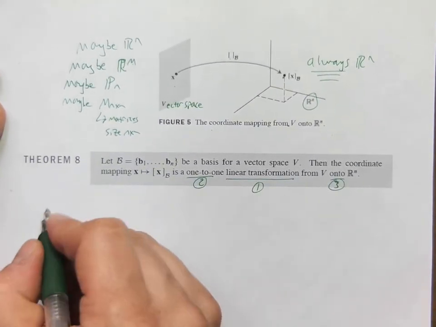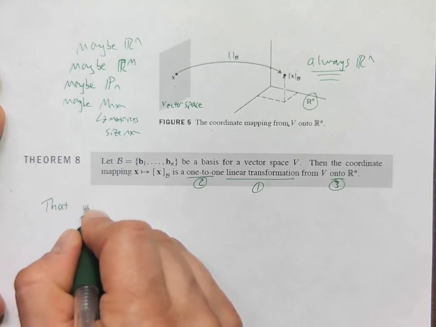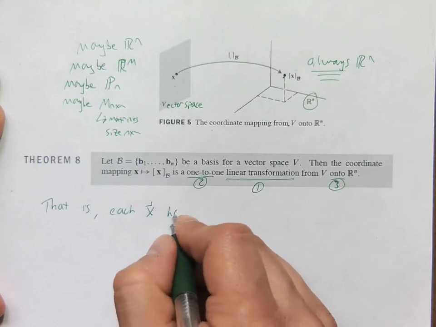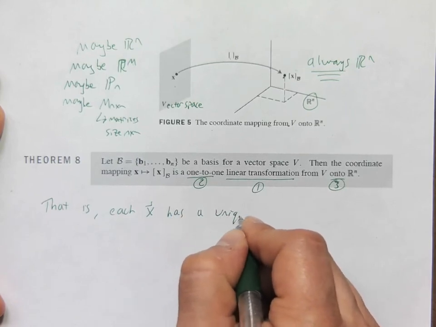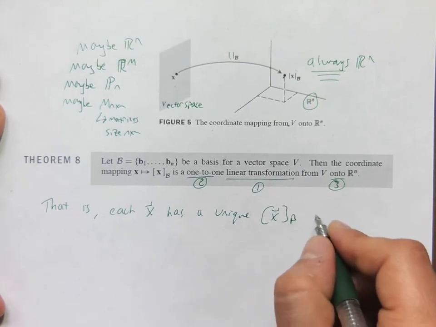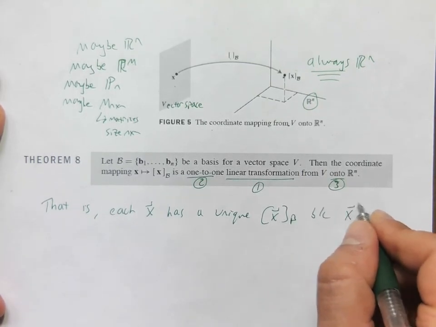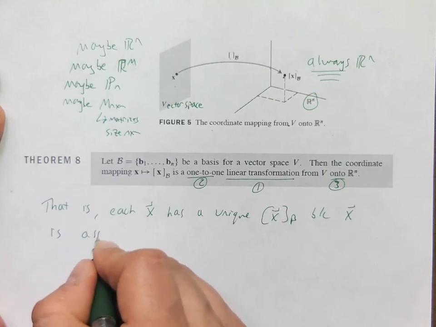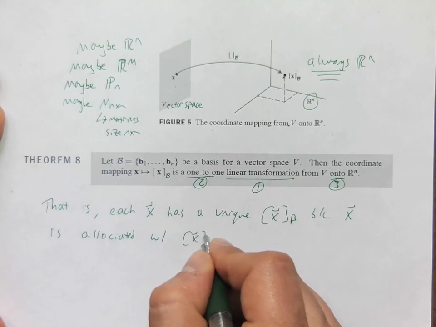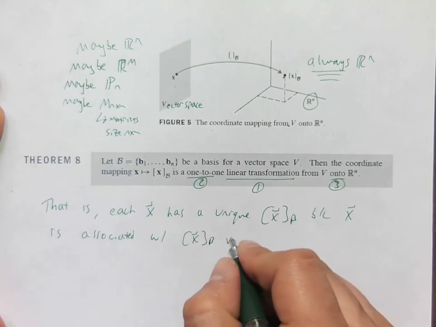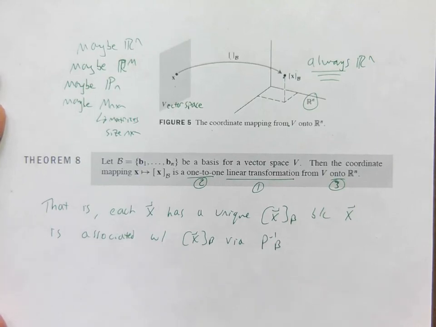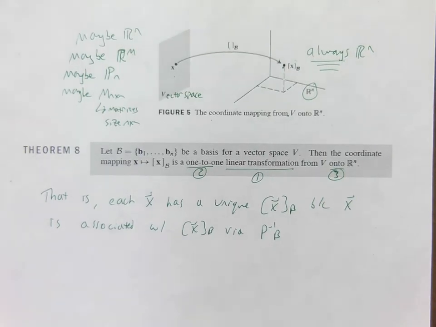And so each specific vector has a unique coordinate mapping, because that vector is associated with the coordinate mapping via the thing we saw on the last page, the inverse of the coordinate, what do they call that?